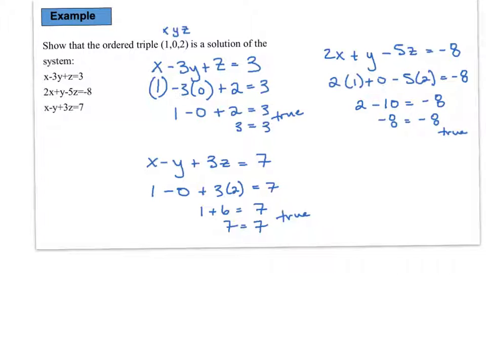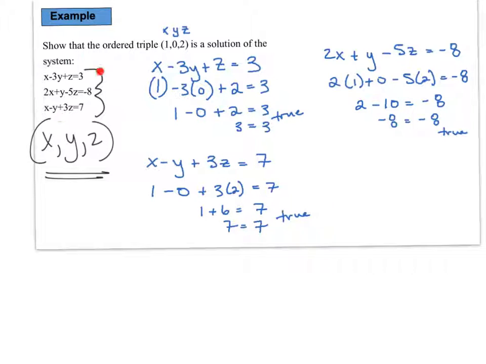So in this first example, I have a system of equations in 3 variables, and that means I have 3 variables for each equation: x, y, and z. I want to find that solution, that ordered triple that will satisfy all 3 equations.